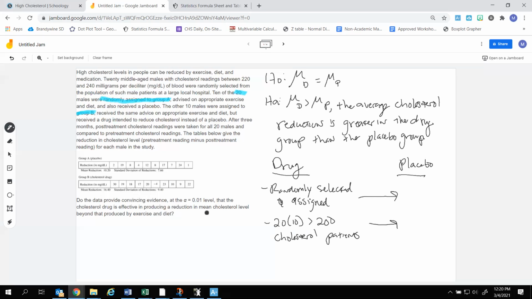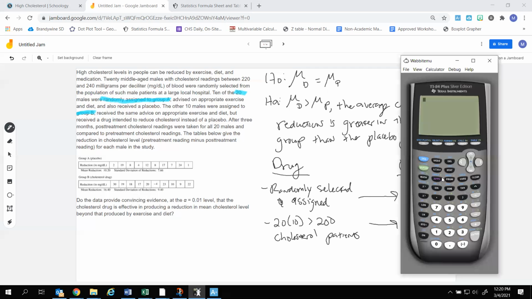As far as normality, there is nothing in the question about normality. Also, both sample sizes are not greater than 30, so we have to look at the normal plot. Here's what we're going to do. We're going to go into our calculator, stat edit, list one.